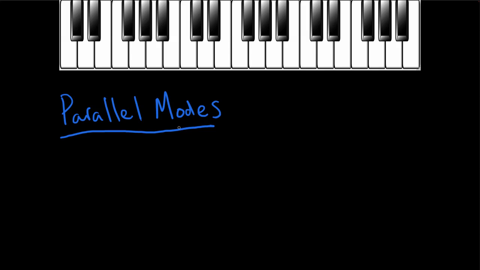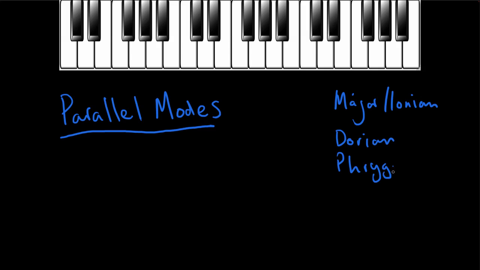So what would that look like exactly? Well, let's think of our different modes that we can have. We've got our major scale or Ionian mode. That's one mode we can have. We've got the Dorian. Next comes the Phrygian. After that, the Lydian.